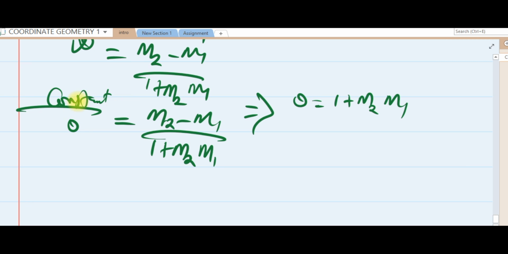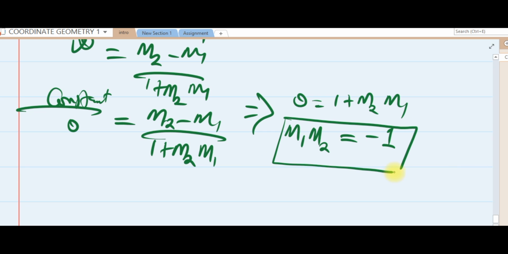So m1 times m2 is equal to minus 1. So for perpendicular lines, the product of their slopes is always negative 1.